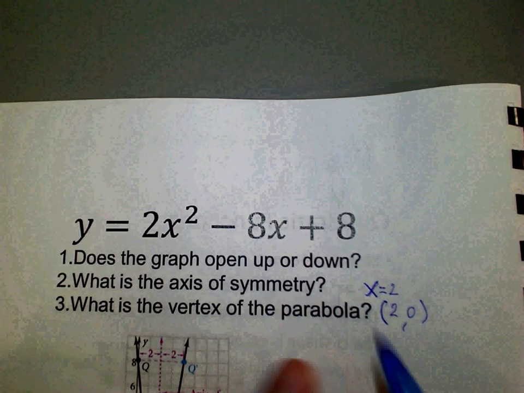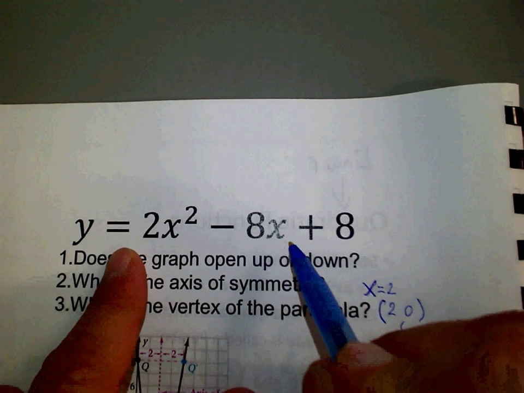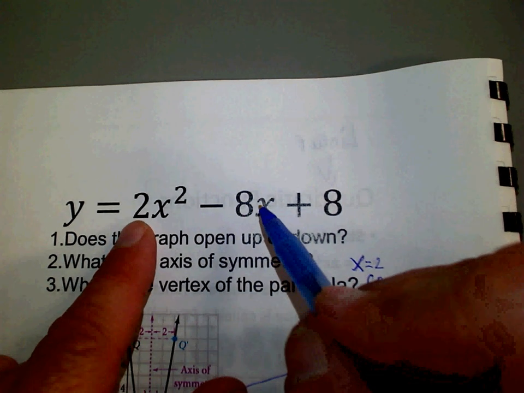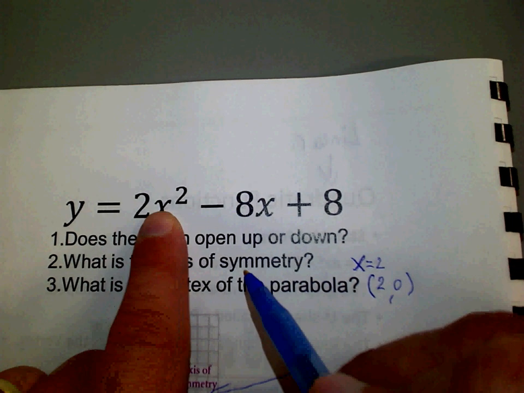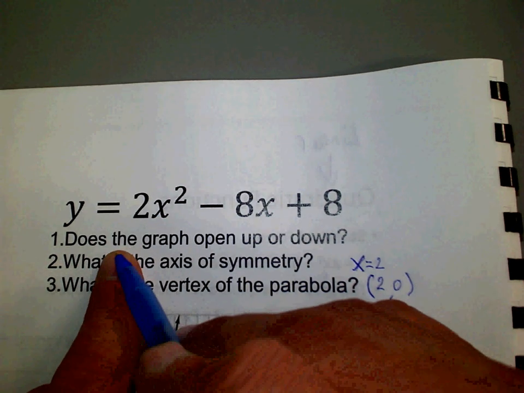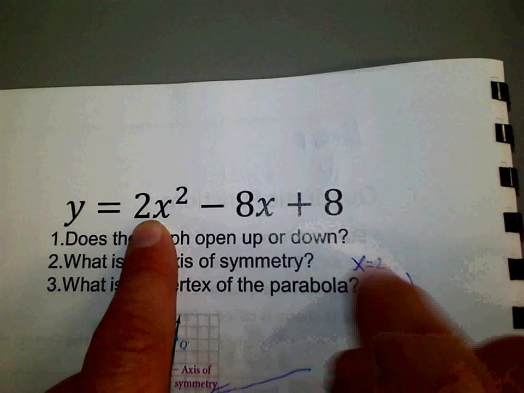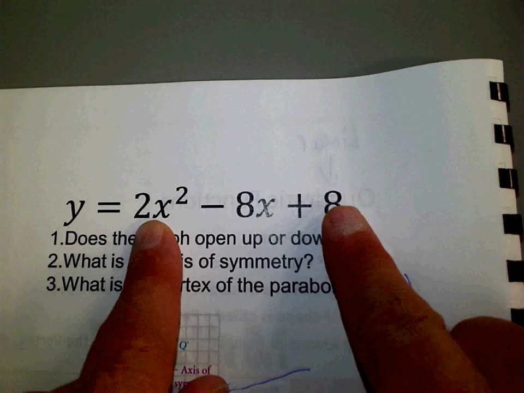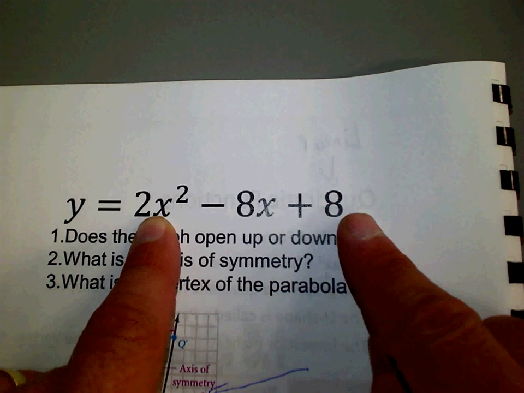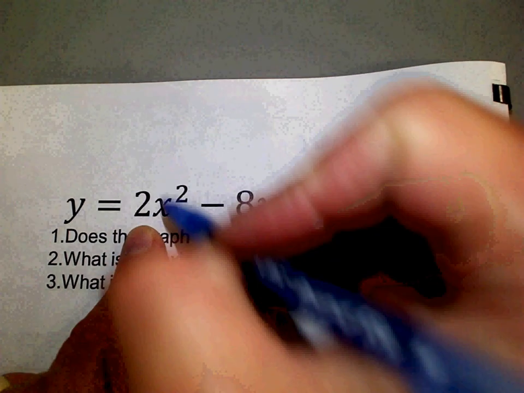Here is a quadratic function. How do I know it's a quadratic function? Yeah, we got a quadratic term, don't we? Does the graph open up or down? Good job. Why do you know this one opens up? Ah, very good. Right here, this is positive.